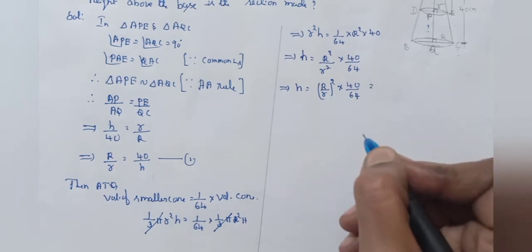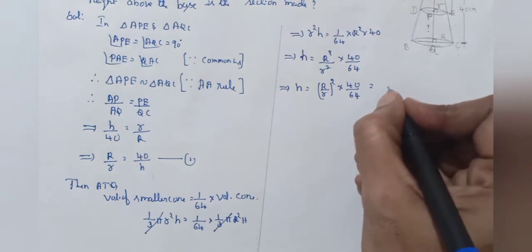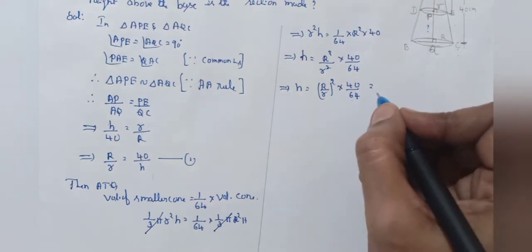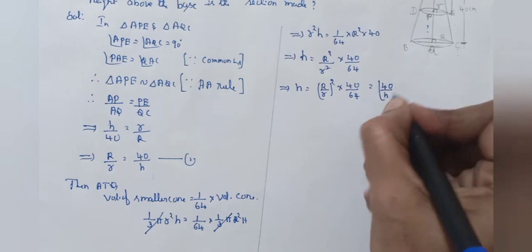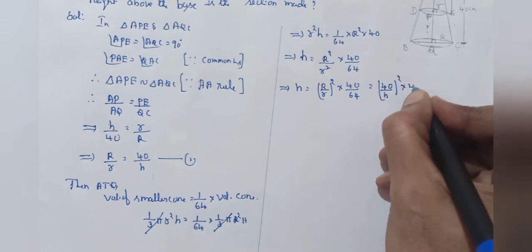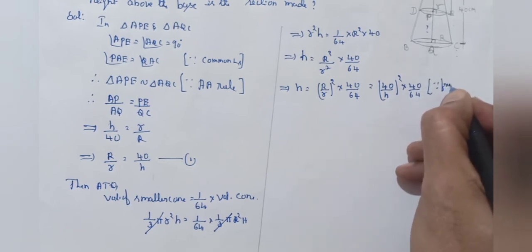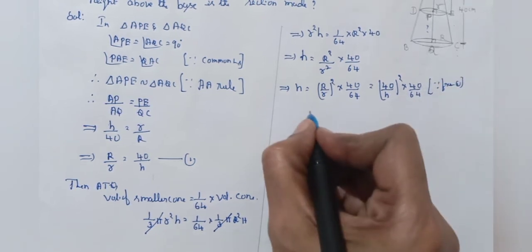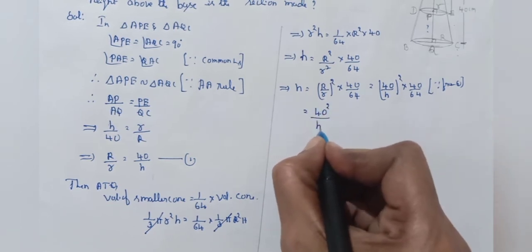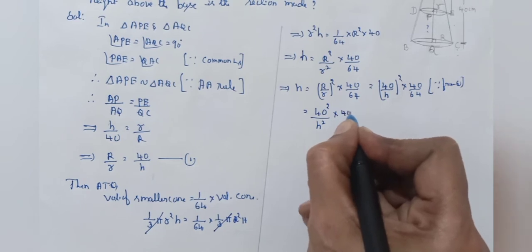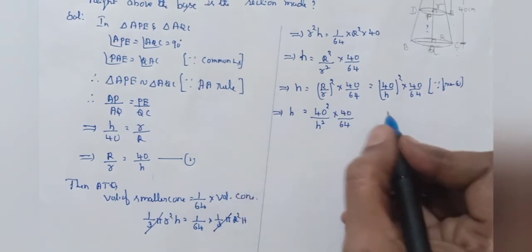In place of capital R by small r, we can substitute 40 by h from equation 1. So h is equal to 40 square by h square into 40 by 64. Take the cross multiplication.